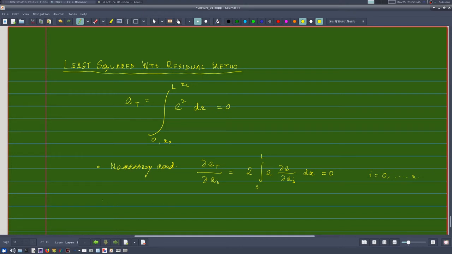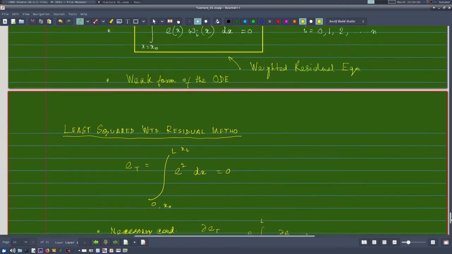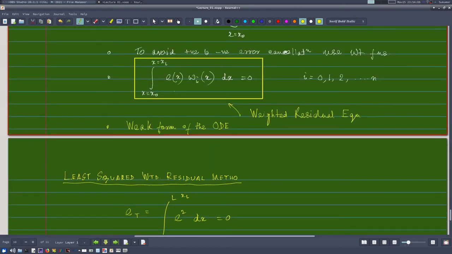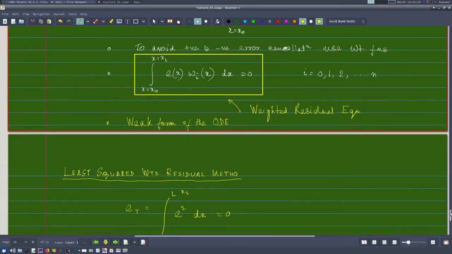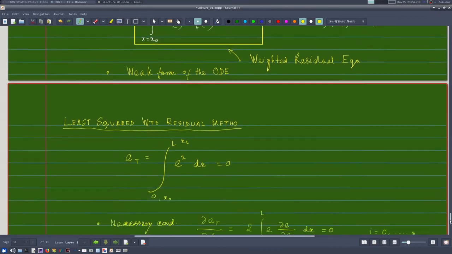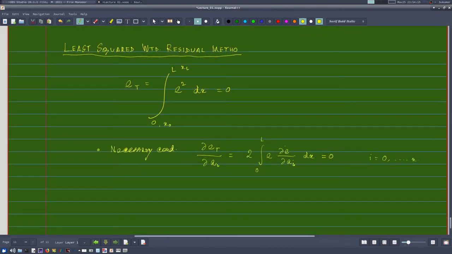So therefore what becomes my least square weighting function? You can see this is a constant, so this cannot be 0, so this must be 0, and therefore if you compare this with the weighting function, this becomes my weighting function, and so the weighting function becomes simply this del E del a_i.